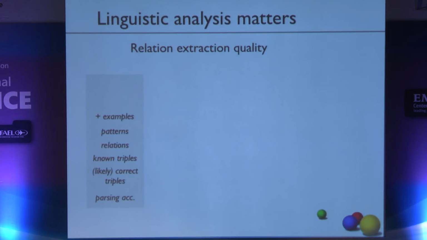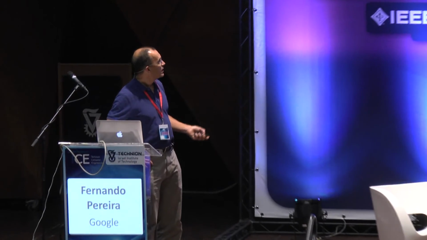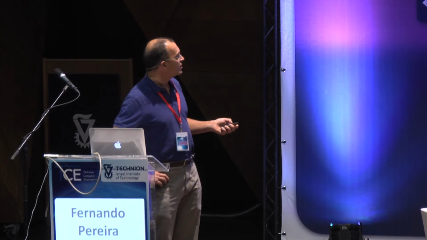Now, an IR person might say, why are you doing all this parsing, all this complicated linguistic stuff? Clearly, you could do that kind of thing directly from the words. IR has served us very well. And I'll give you some numbers.